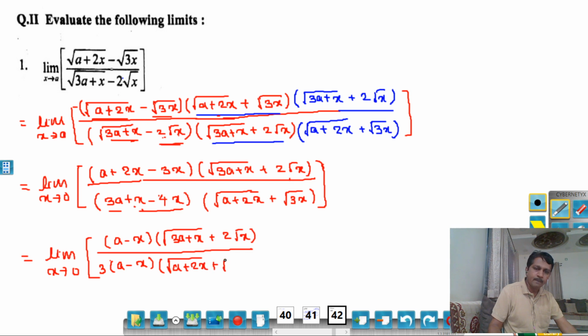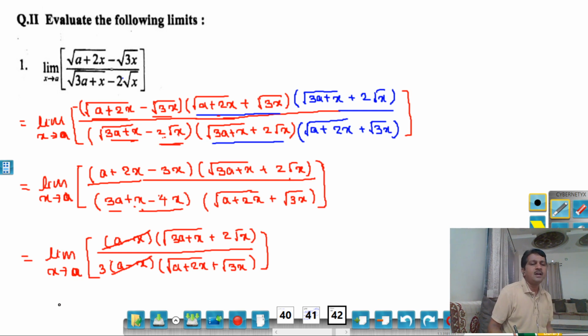We got this. Now as x tends to a, that means x is not equal to a, and that means a minus x is non-zero. So I can cancel this and this because it is non-zero as x is tending to a.